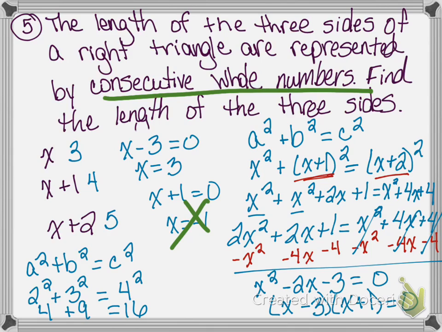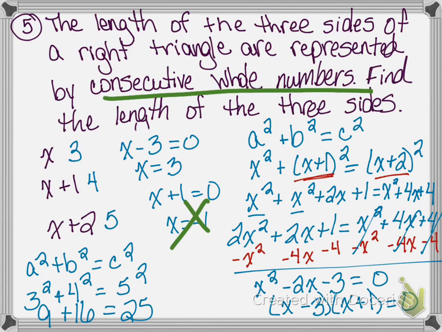Does that equal 16? No. Okay, so it doesn't work. Now, let's make sure that ours do. So I've got 3 squared plus 4 squared equals 5 squared. 3 squared is 9. 4 squared is 16. 5 squared is 25.